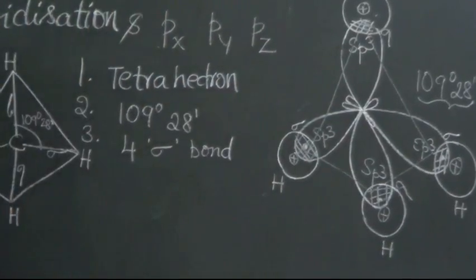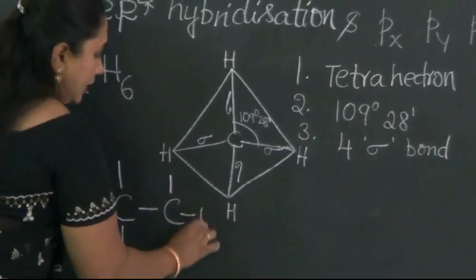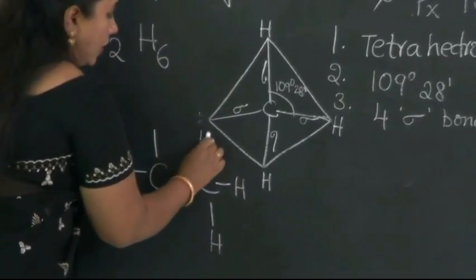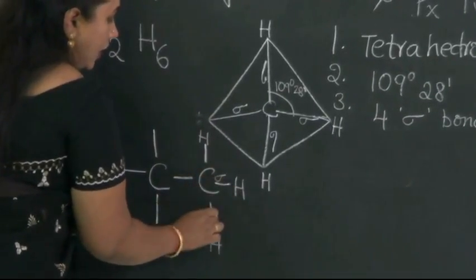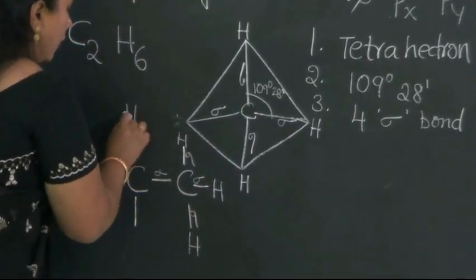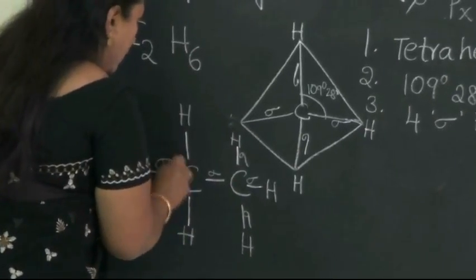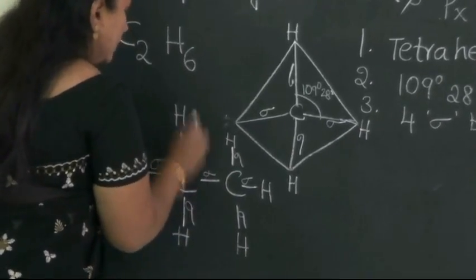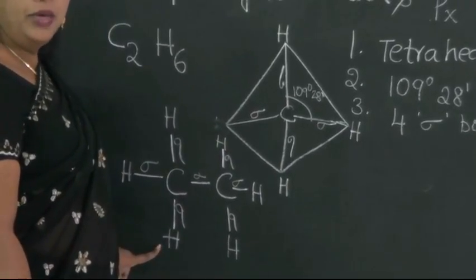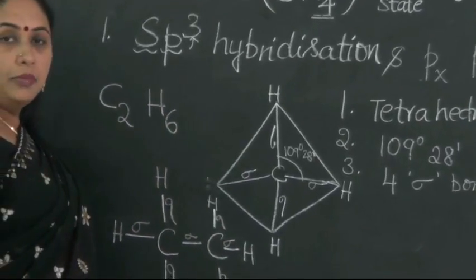So therefore each carbon atom in turn is linked with 3 hydrogen atoms, and hydrogen atom being spherical in shape can always undergo only sigma type of bond formation because of head-on overlapping. So therefore this is how the ethane molecule would be formed by undergoing the process of sp3 hybridization.